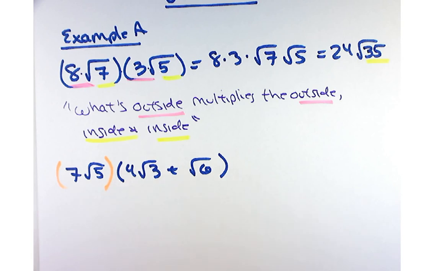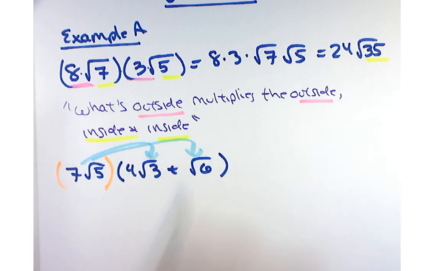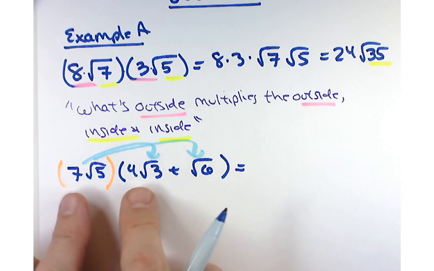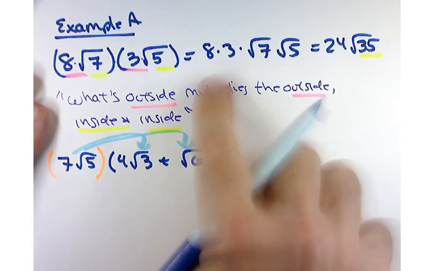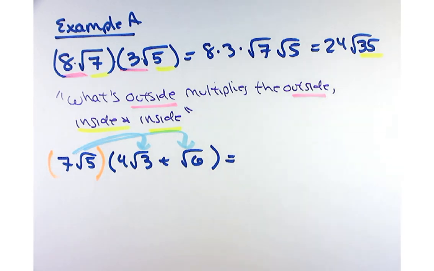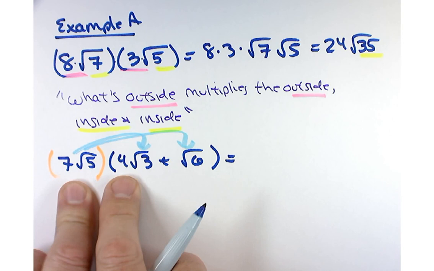This term here is going to multiply itself times this first term plus the product of that second term. So let's look at this together. On this first example, I could write it out in great detail, or we can just start jumping straight to the answer. Any preference? Want to see a little more detail on this first one?